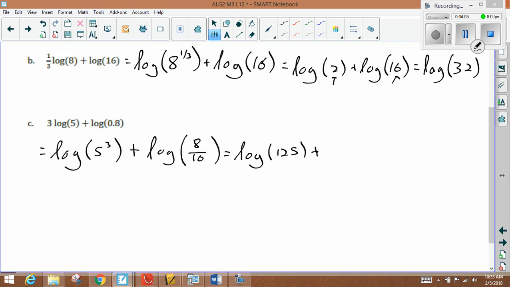And then this one, remember I have the property that tells me that I can write this as log of 8 minus log of 10. Right? If I have a quotient, I can then express that as a difference of 2 logs. And we're almost done. If this didn't have a numeric value, right? It would be done. But what is log base 10 then?